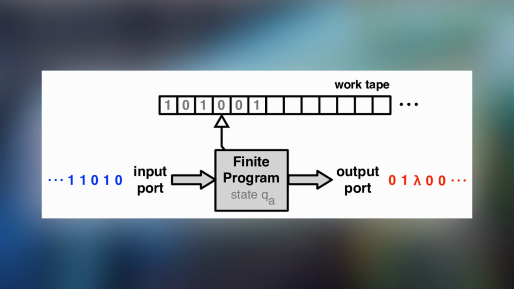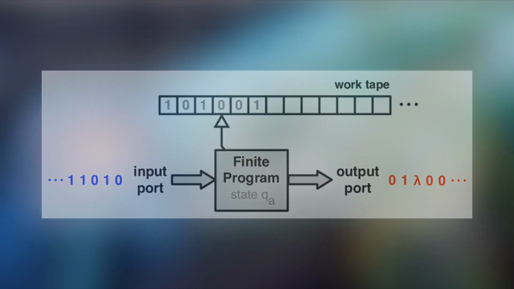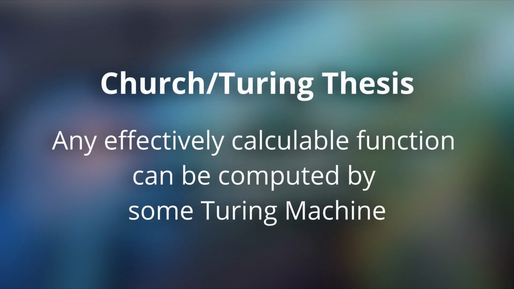Or more specifically, what Turing hypothesized is now called the Church-Turing thesis. Church was his sort of supervisor. The Church-Turing thesis states that any effectively calculable function can be computed by some Turing machine. Remember, a Turing machine in the abstract is just a type of machine that has a ticker tape and a head that reads symbols.